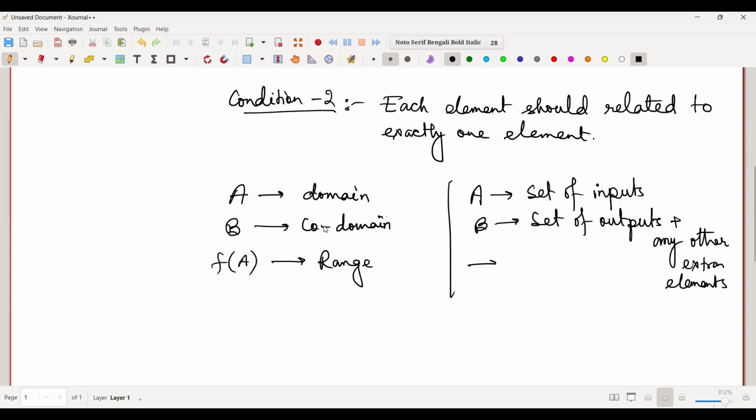But the set of actual outputs, this set is called the range. Hope this is clear to you.